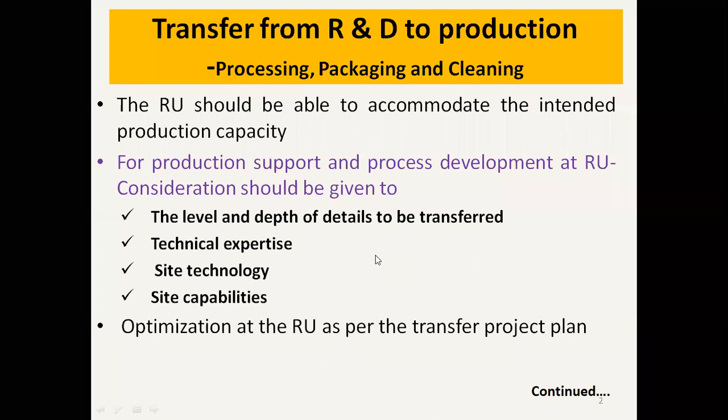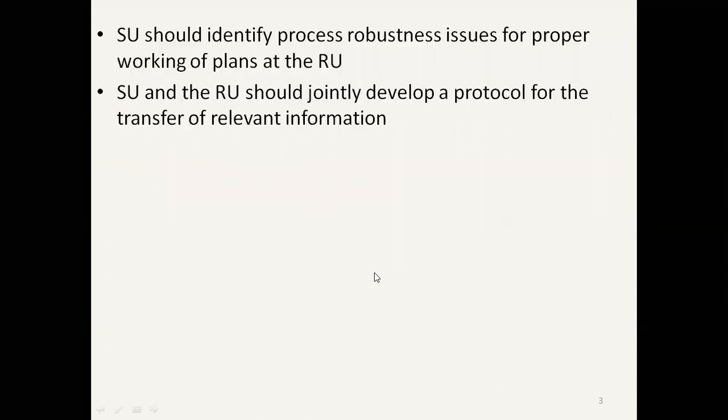At the same time, optimization at the RU, the receiving unit, is to be intended under this transfer plan. So what does the transfer cover? There is help related to the documentation and the level and depth of detail to be transferred, technical expertise, site technology, site capabilities, and also the optimization at that particular site plant.